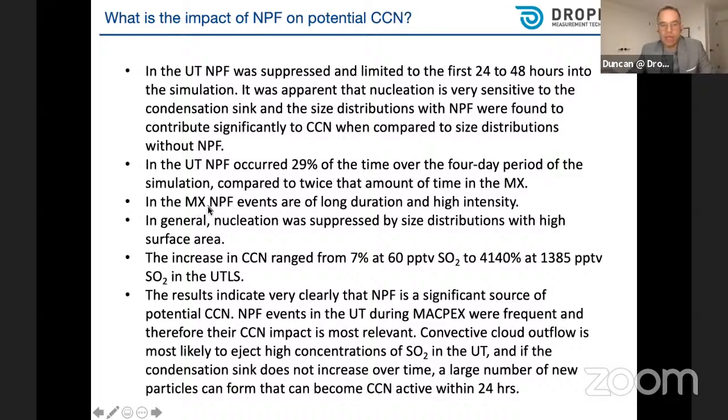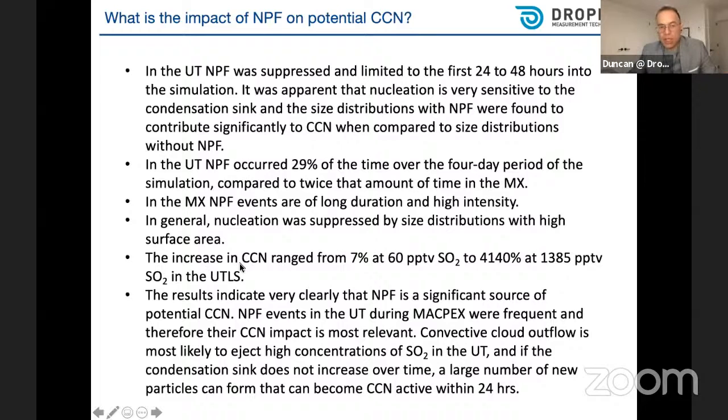In the mixing layer, particle formation events were of longer duration and higher intensity. In general, nucleation was suppressed by high surface area, but in certain conditions, the particle formation still proceeded. So that means that the vapors were sufficiently high in concentration.